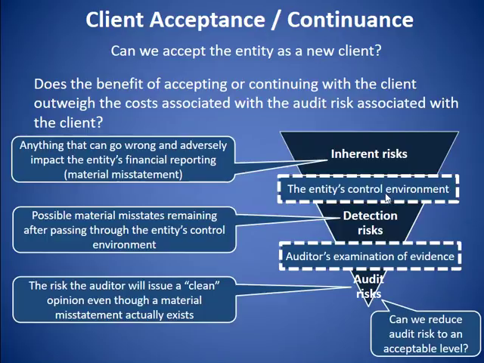Can we examine enough evidence to reduce our audit risk to an acceptable level? That's what we're really trying to do when we're dealing with client acceptance or even client continuance.